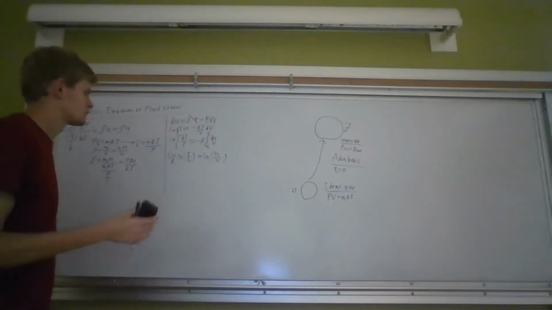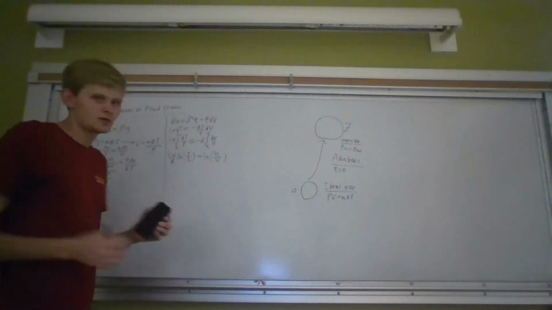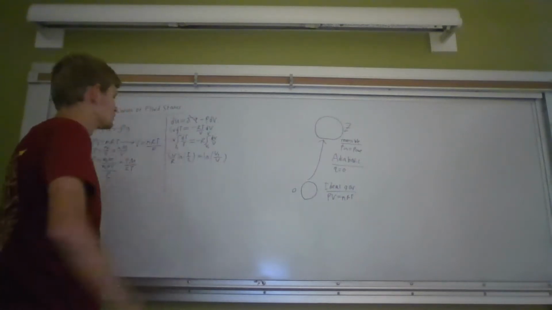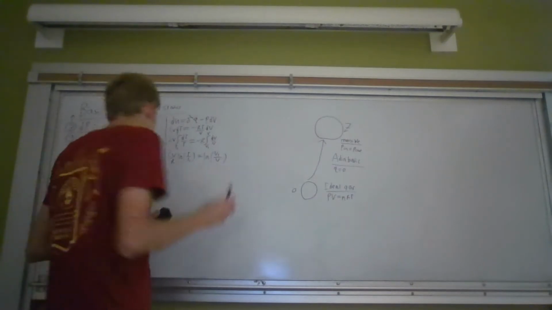our new volume. And one thing we can immediately do now is use our properties of natural log and get rid of the natural log on each side. So this new equation is going to be as such.